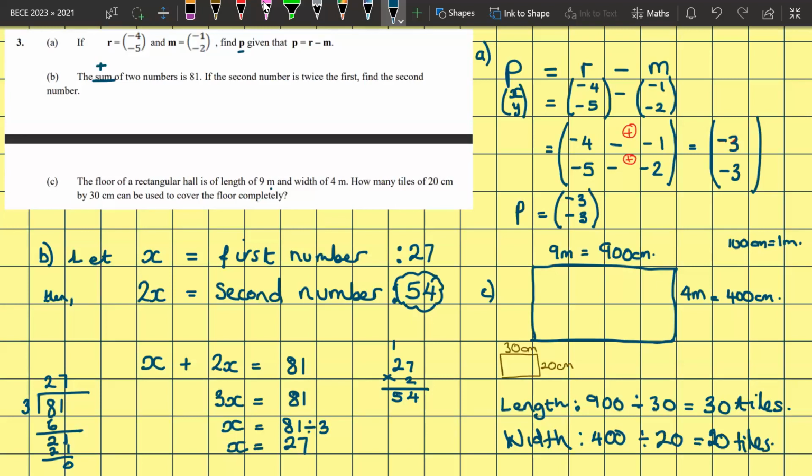Okay, so altogether you can fit 30 along, 20 down. So to cover the whole floor of the rectangular hall, you need 30 by 20, which is 600 tiles altogether. Okay, and that's it. That's the solution to part C of question 3.